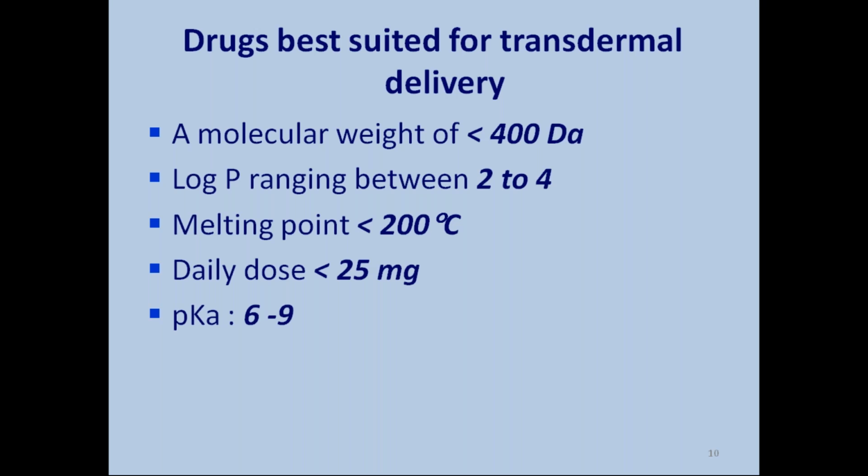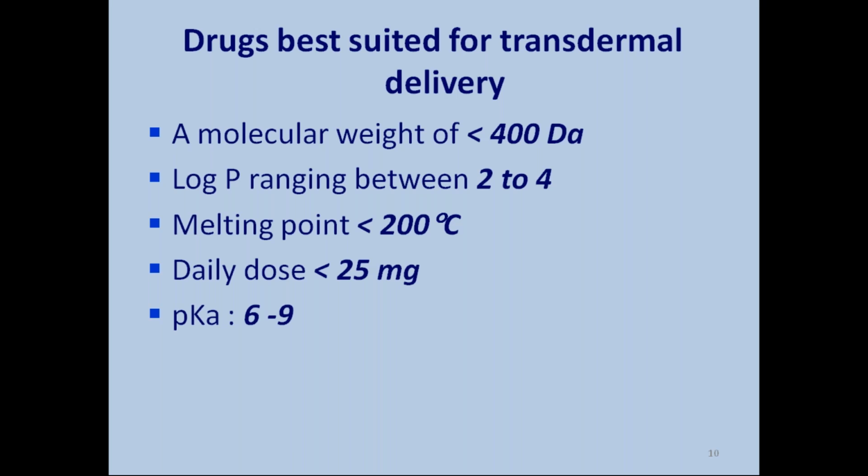Next is the daily dose. What can be the most suitable dose? It should be less than around 25 mg. That should be the daily dose. And lastly, not that important a factor, the pKa can be between 6 and 9.